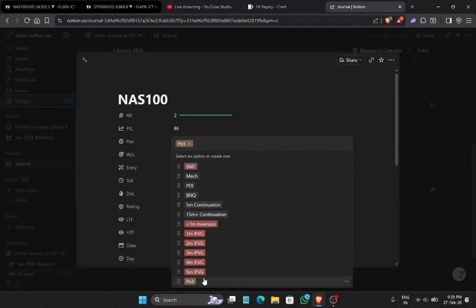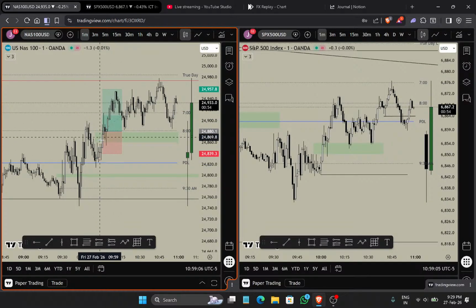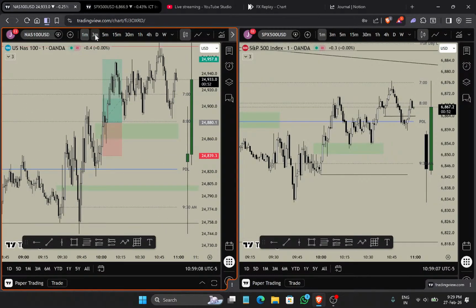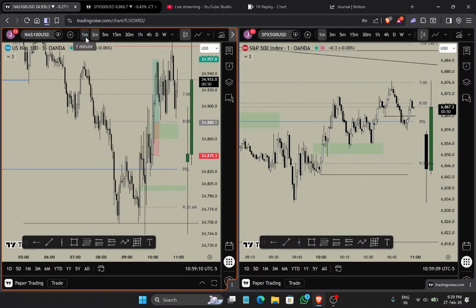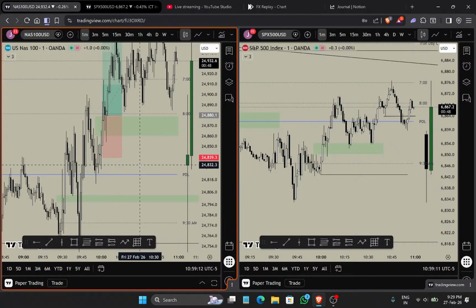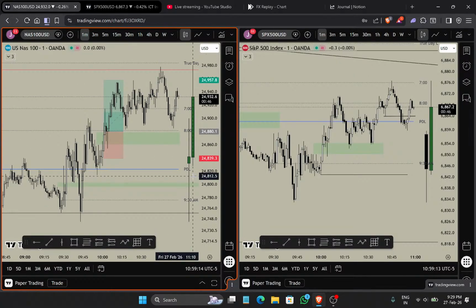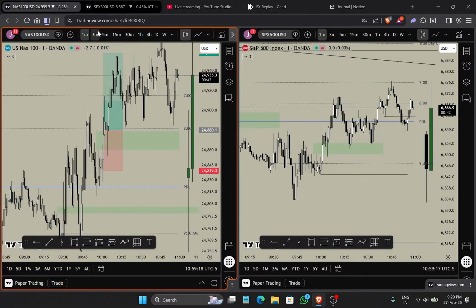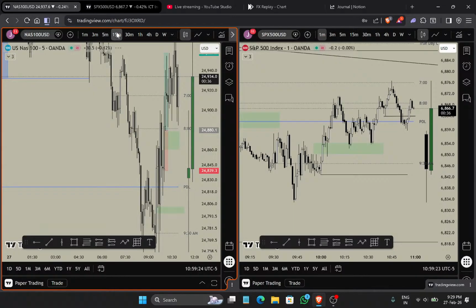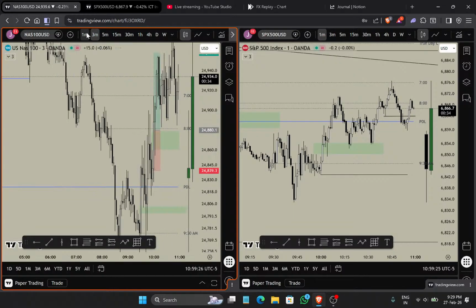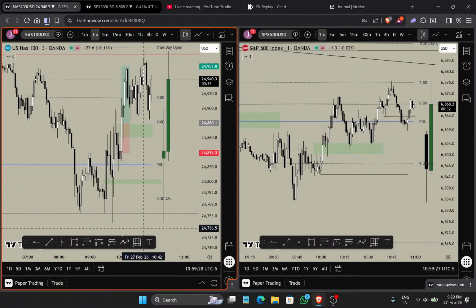This was tier three. From there, I think it was a Bentley. Maybe I think that is a, yeah, delivering from a 3 minute FVG.